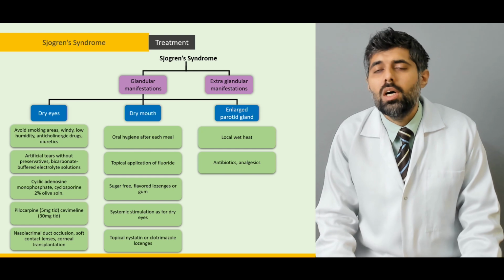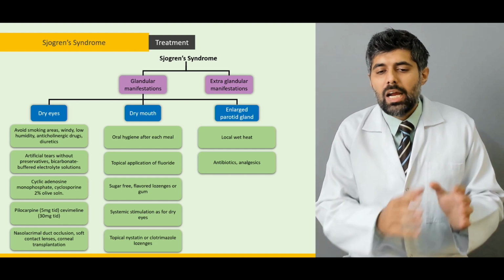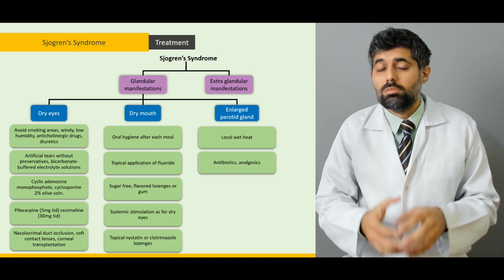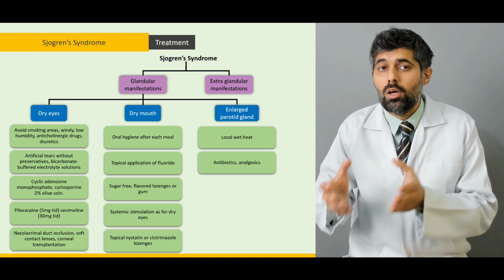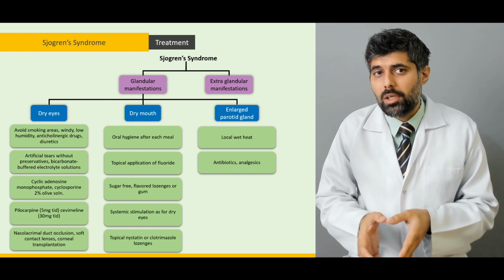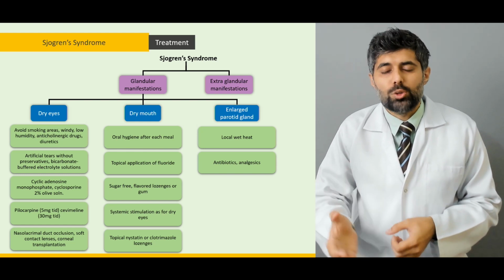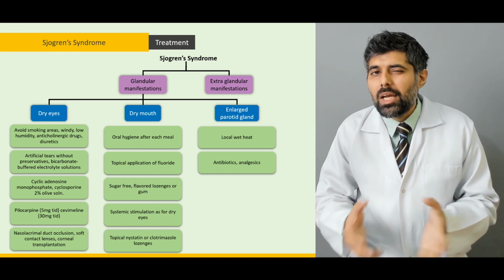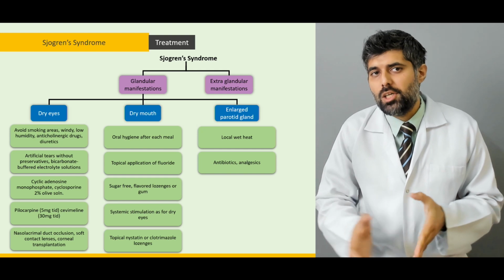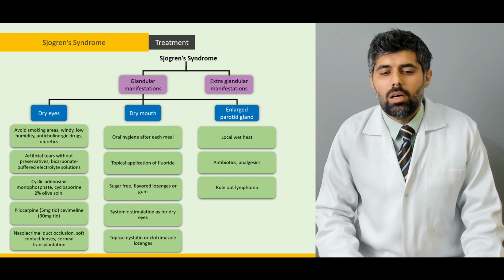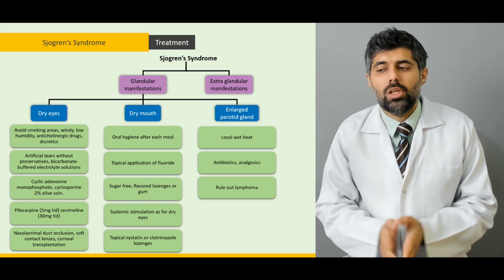We also give patients antibiotics, sometimes prophylactically, so the enlarged parotid gland does not become infected. We also give analgesics in order to treat any pain or neuralgia related to the enlargement of the parotid glands. We also rule out lymphoma.